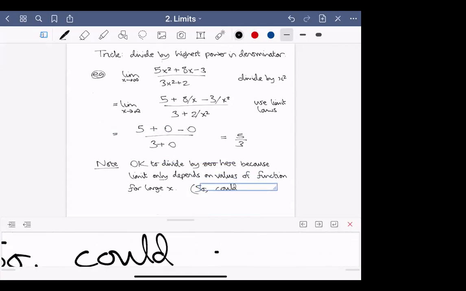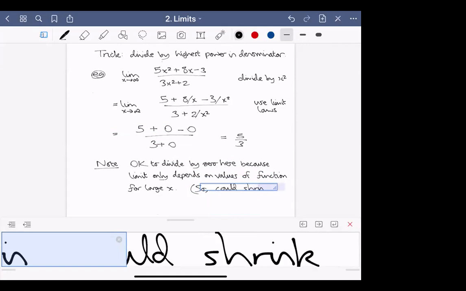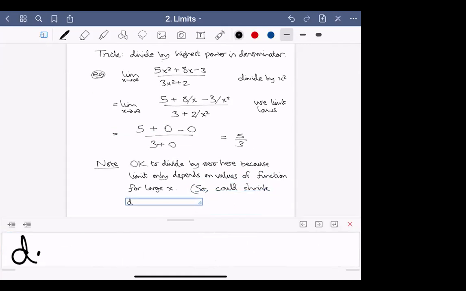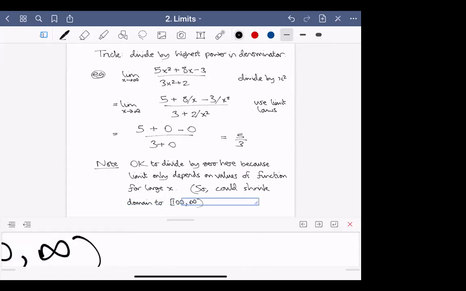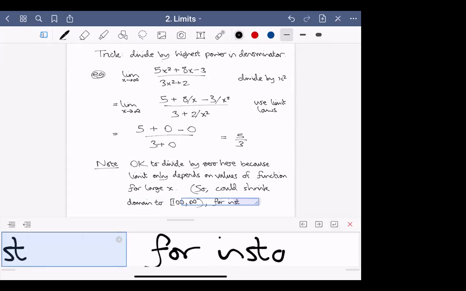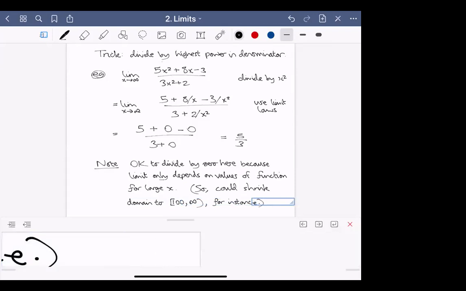So we could shrink the domain to, for instance, 100 to infinity. And we'd still get the same result for the limit, but of course then x could not be 0, so we can do the calculation.